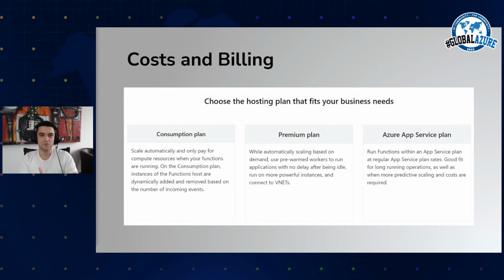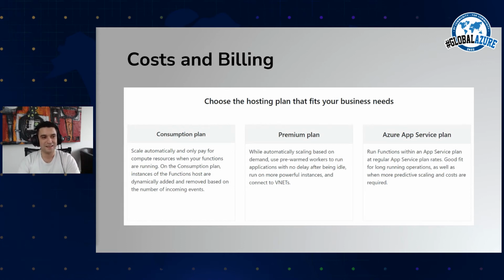And then when an initial request is initiated after some time, the function could need a few seconds to get up and running again. This will not happen with the premium plan. And of course, there's another plan. You could also run your whole function app within a default app service plan, and you get charged exactly the same amount.